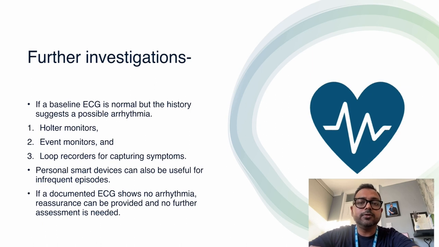Loop recorder has two varieties, one is external, one is implantable. Implantable is implanted in the pectoral fascia. Personal smart devices like smartwatches can also be useful for infrequent episodes. If a documented ECG shows no arrhythmia, reassurance can be provided and no further assessment is needed.